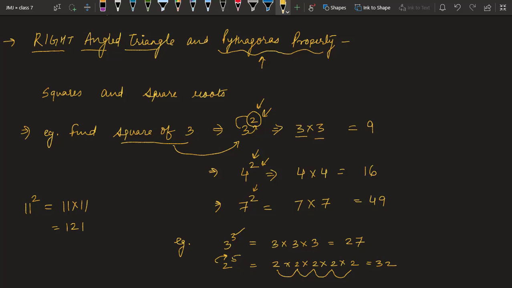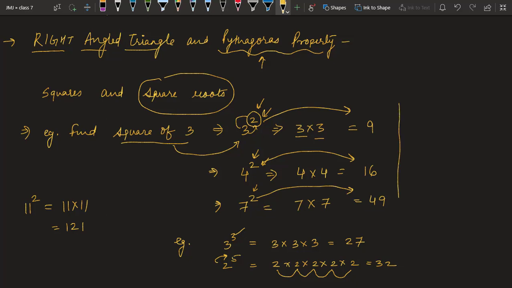We have seen this is called finding a square. If you are finding 3 square, you get 9. If you are finding 4 square, you get 16. If finding 7 square, you get 49. Now what is the reverse? Reverse is known as square root. That means the opposite thing. If I say 3 square is 9, then what is the square root of 9?